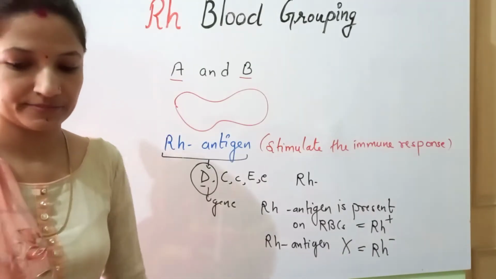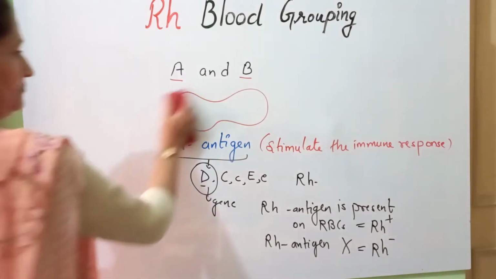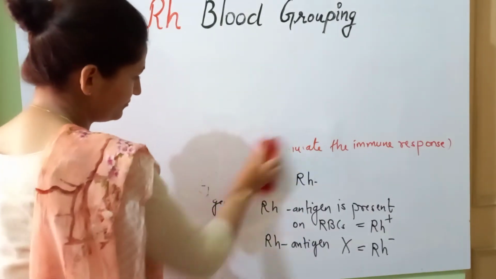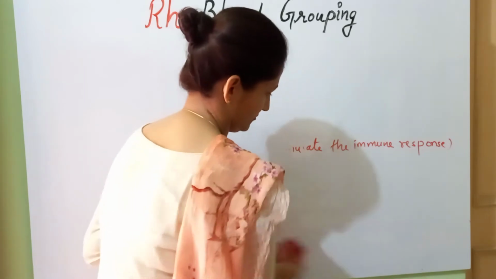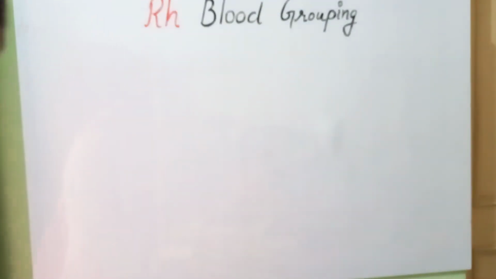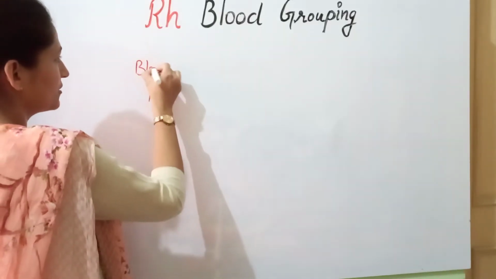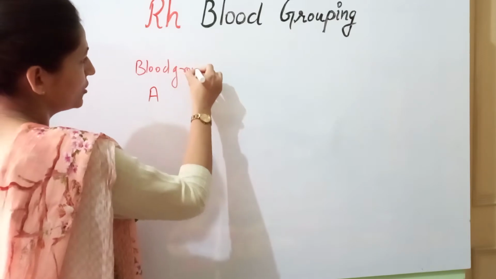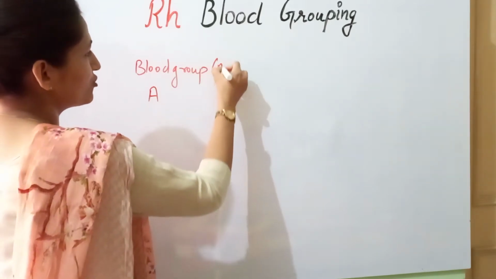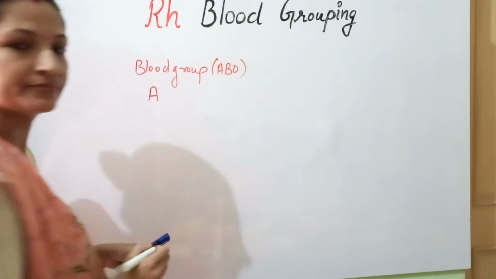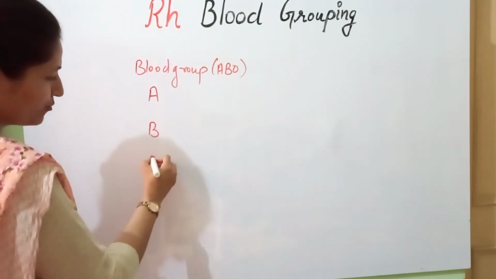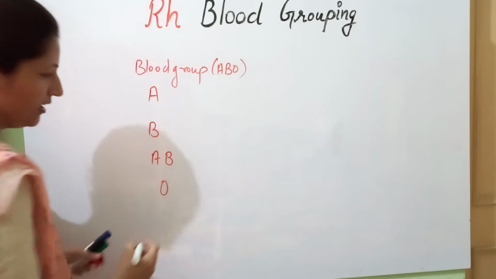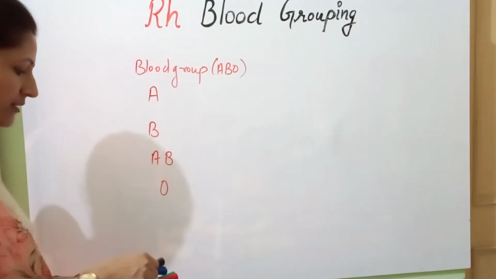Fine, let's see that. Blood group A, these are the blood groups of the ABO system: blood group A, blood group B, AB and O. Got it?